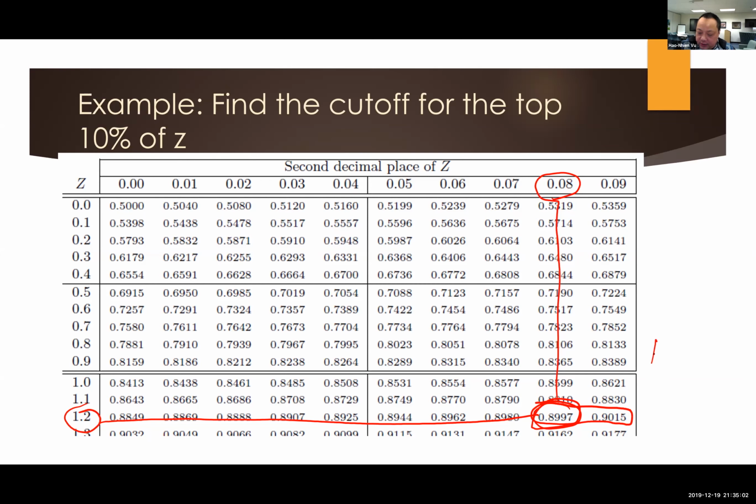So area to the left is equal to 0.9 and z is equal to 1.28. Okay. You may also notice that because the table only rounds z to 2 decimals, there's a pretty big gap in between there. So usually you look for a number, you don't find it. You find a number that's very close to it.